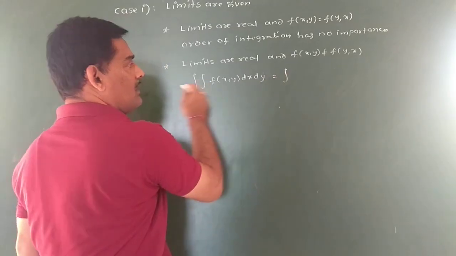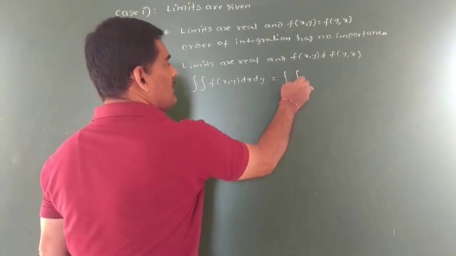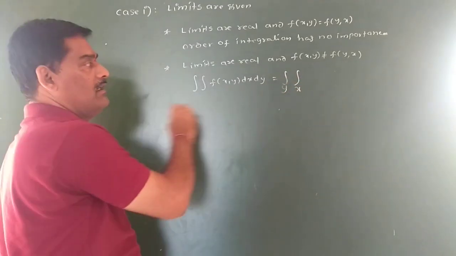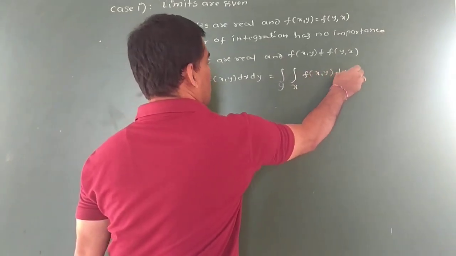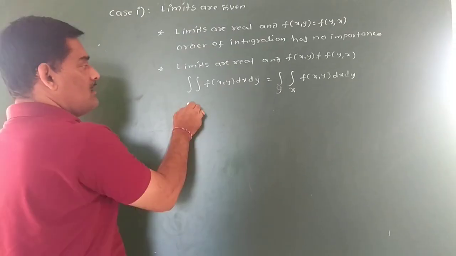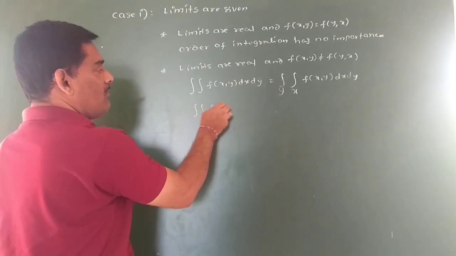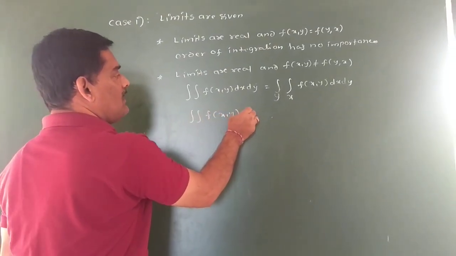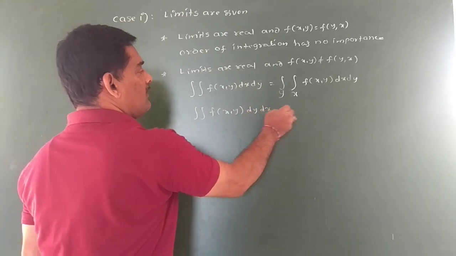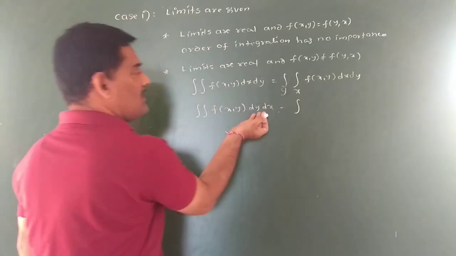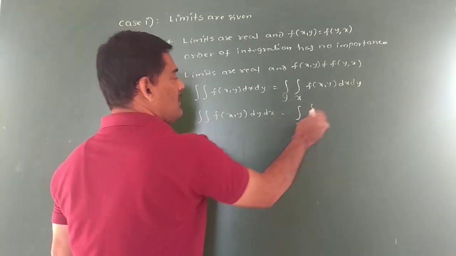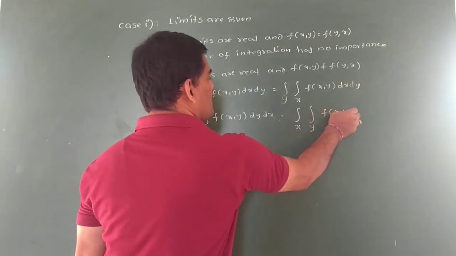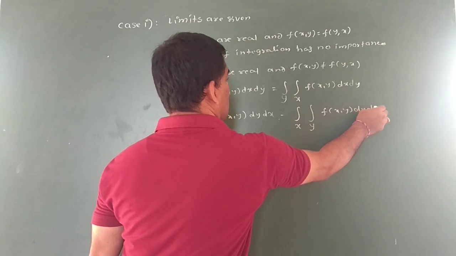The first one is the y integral, the second one is the x integral. This is f of x comma y dx dy. Similarly, for the double integral of f of x comma y dy dx, the first one is the x integral, the second one is the y integral, f of x comma y dy dx.